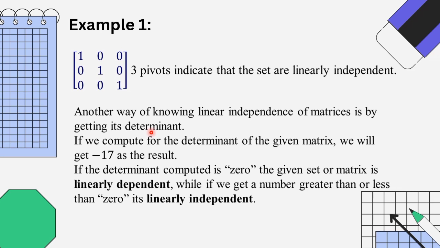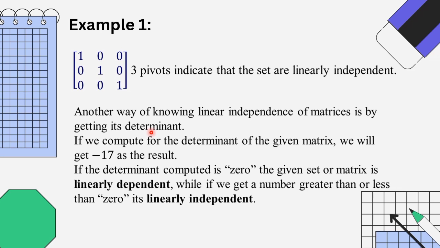If the determinant is computed as 0, the given set of matrices is categorized as linearly dependent. So if the determinant is 0, we call it linearly dependent. But if we get a number greater than or less than 0, we call it linearly independent.